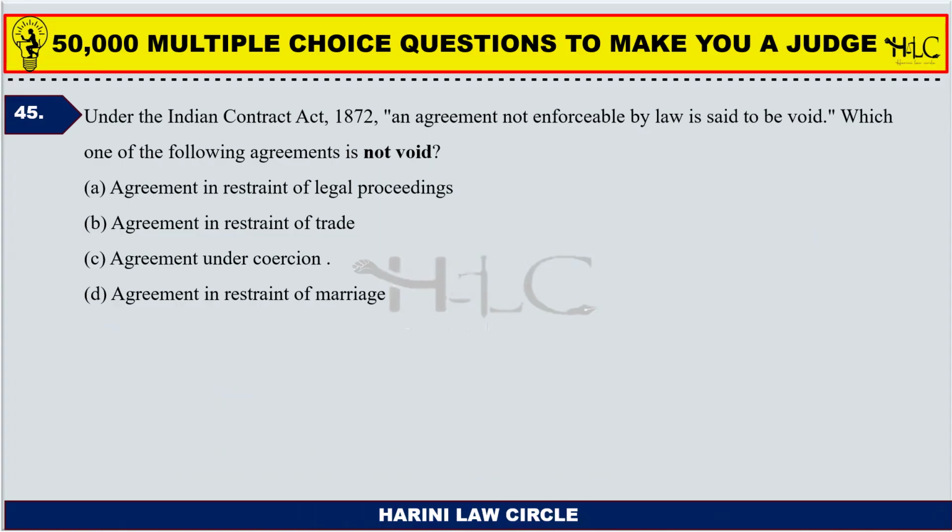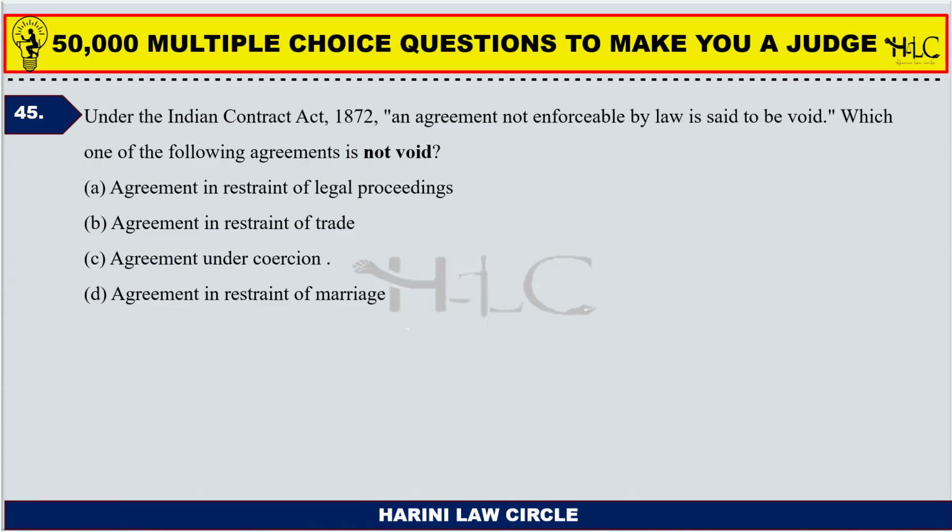45. Under the Indian Contract Act 1872, an agreement not enforceable by law is said to be void. Which one of the following agreements is not void? So as we know, the Indian Contract Act 1872 states that an agreement which is not enforceable by law is said to be void. So an agreement to be enforceable has to be warranted by the Indian Contract Act. Am I right? So which agreement is not void?